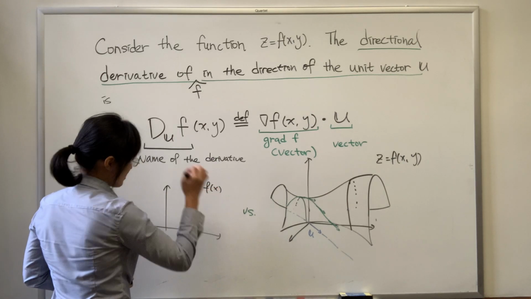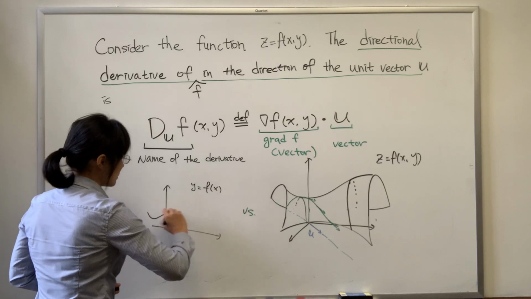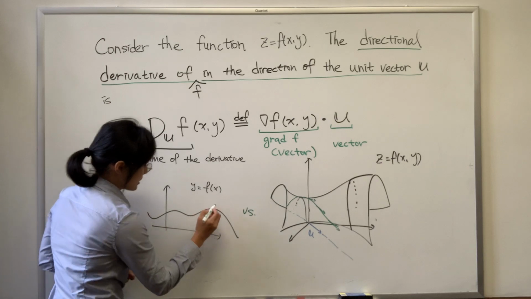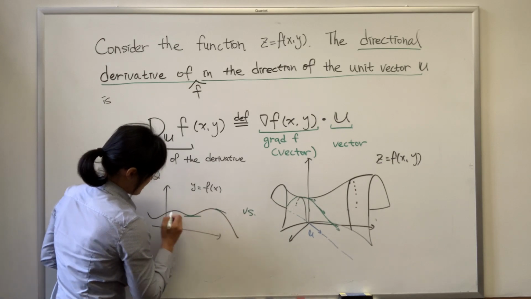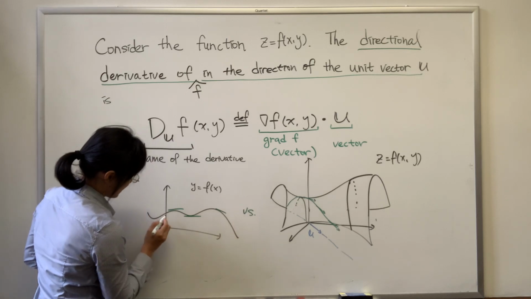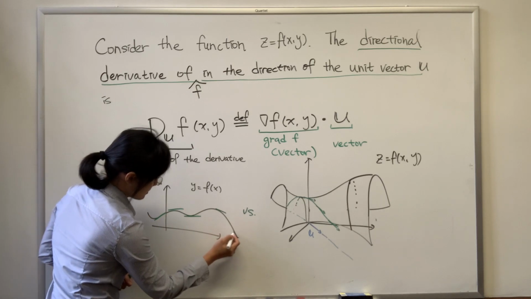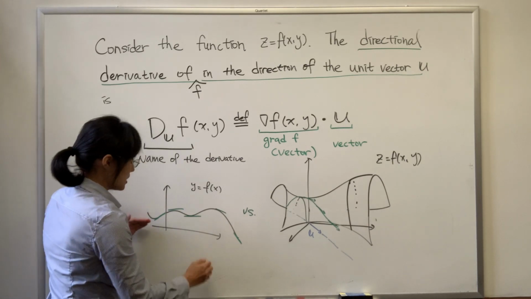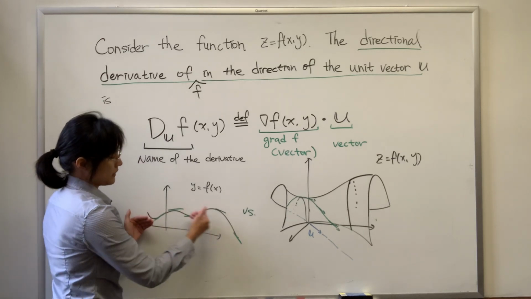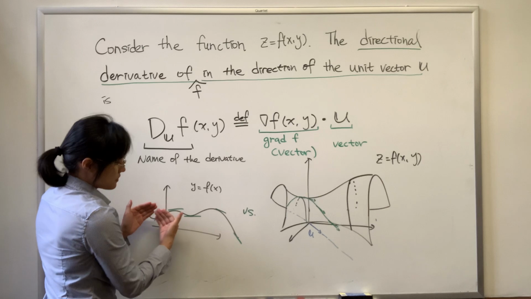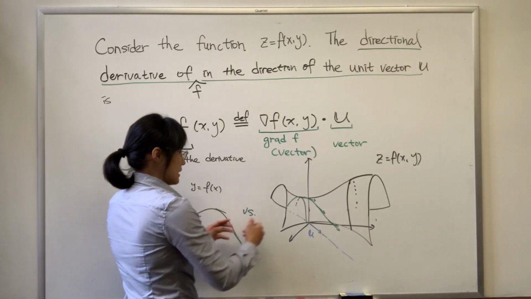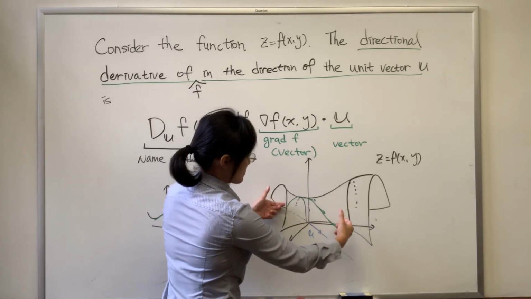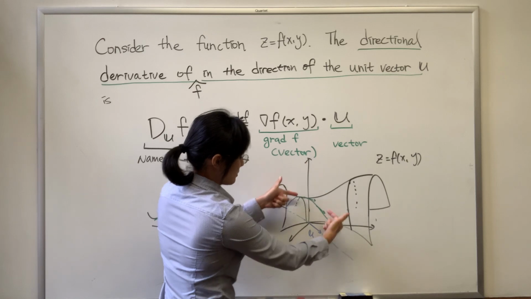When we have only one variable, we have a curve like that, and at each point we can talk about the derivative. The derivative gives you the slope of the tangent line. Now imagine we are still trying to find the derivative of a curve, but this curve is not sitting in R2, it is sitting in R3. It comes from a surface restricted onto a straight line.